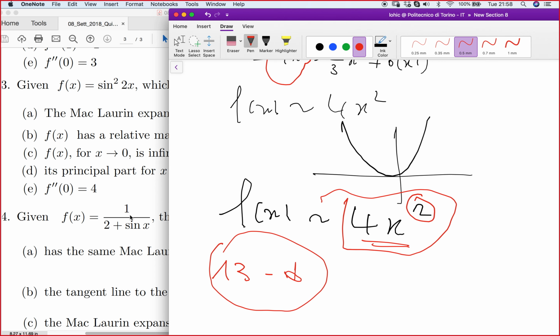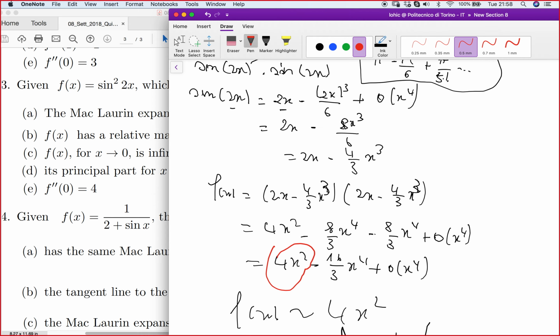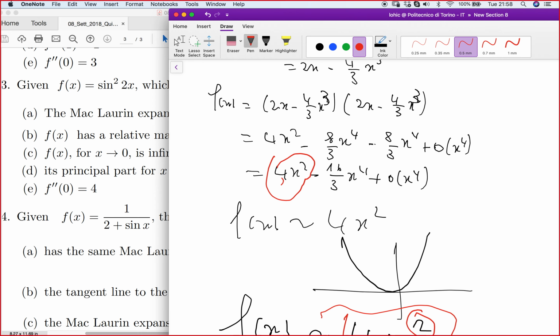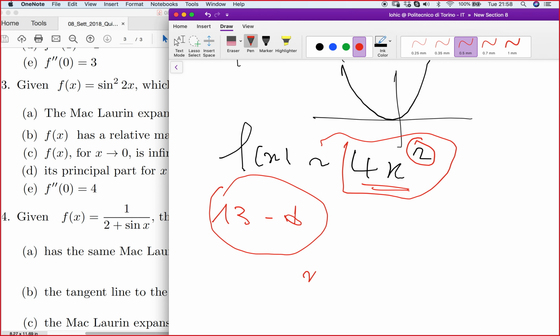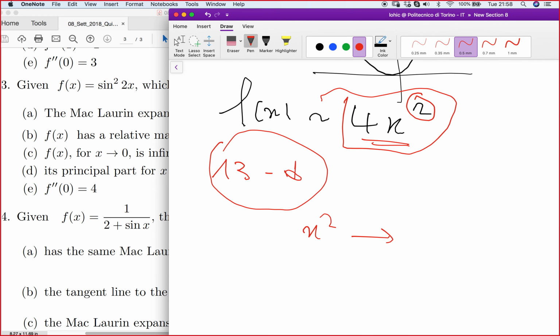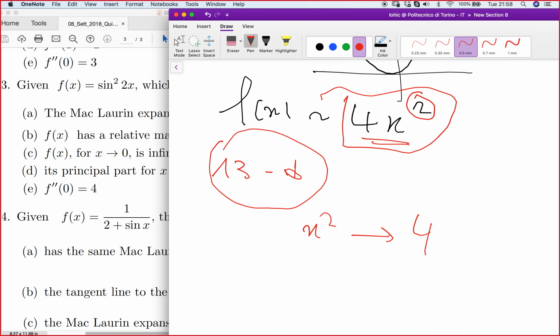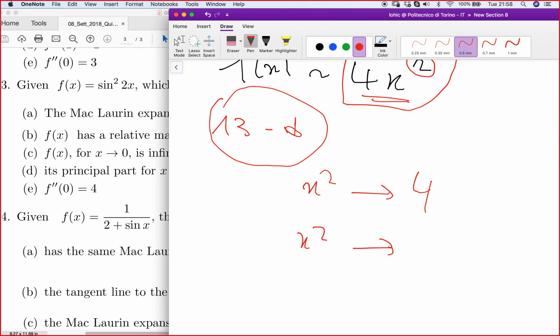Okay? They are saying that the second derivative at 0 is 4. Let's check. This is not true, because in the Maclaurin expansion before x squared we have 4, right? But in the formula we know that before x squared we should have the second derivative at 0 divided by 2.